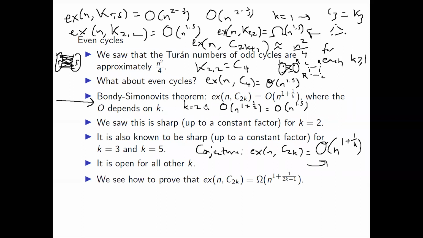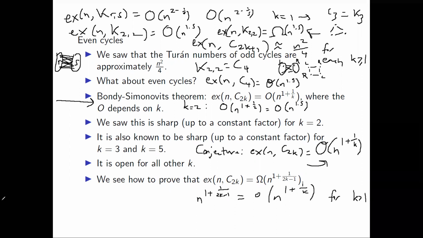So we're going to prove this general lower bound. You can see n to the 1 plus 1 over 2k minus 1. This is equal to little o of n to the 1 plus 1 over k, for any k greater than 1.